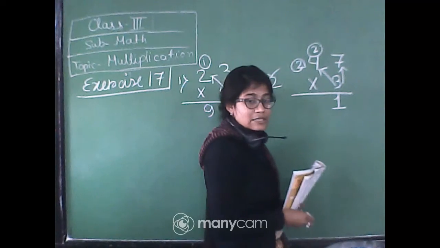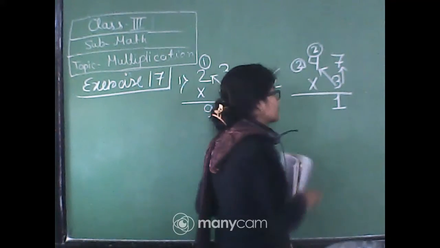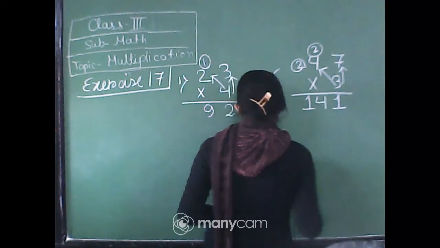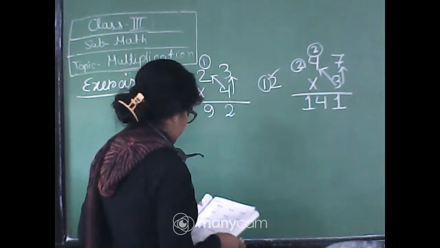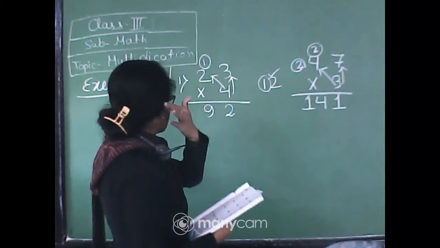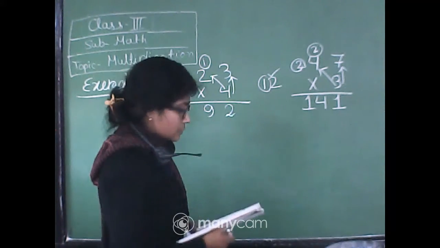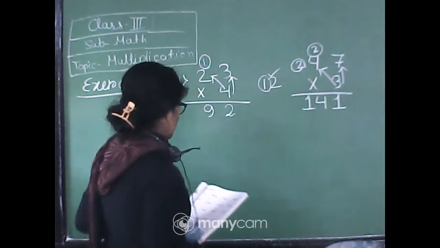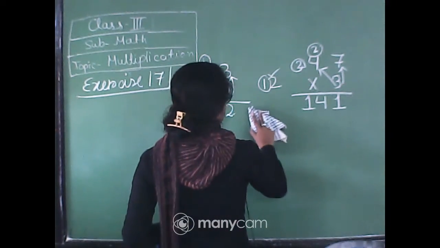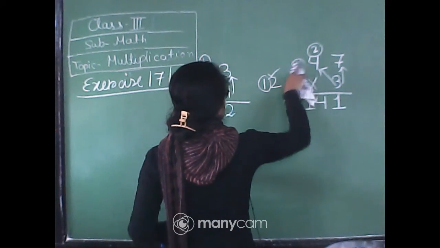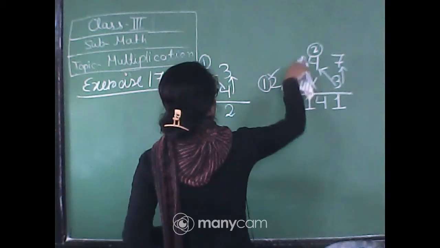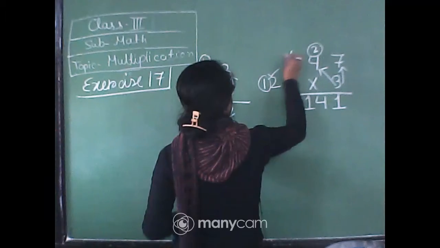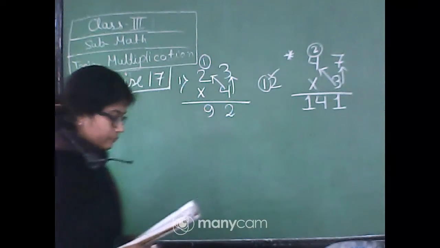So 4 3s are 12. 12 plus carry 2 is 14. Okay, in your book it is written 2 below, but I have written 3. That means this math does not match your book. So this is an extra multiplication.